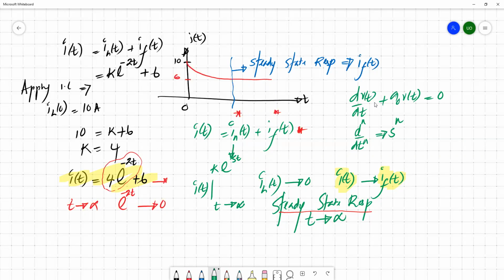It means n equals 1, the first order derivative, is replaced by s to the power 1. The second order derivative is replaced by s to the power 2. The zeroth order derivative is replaced by 1.